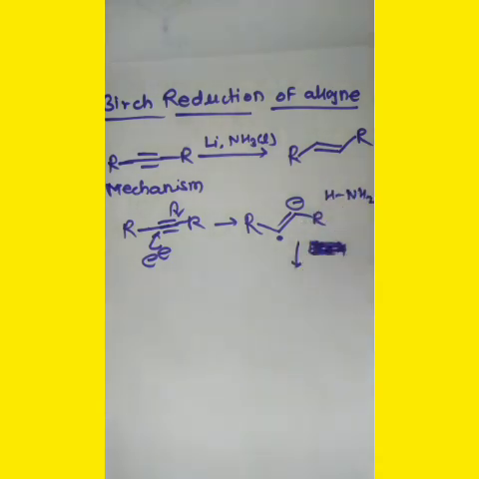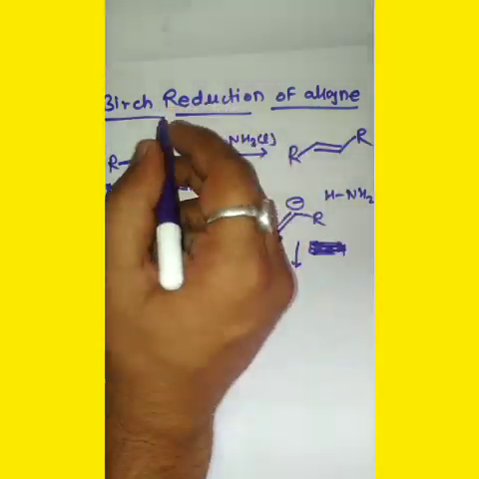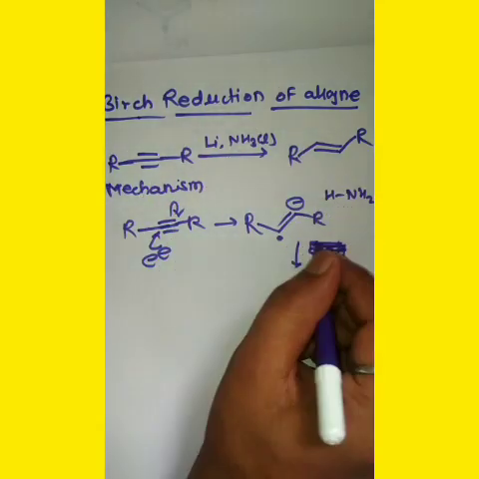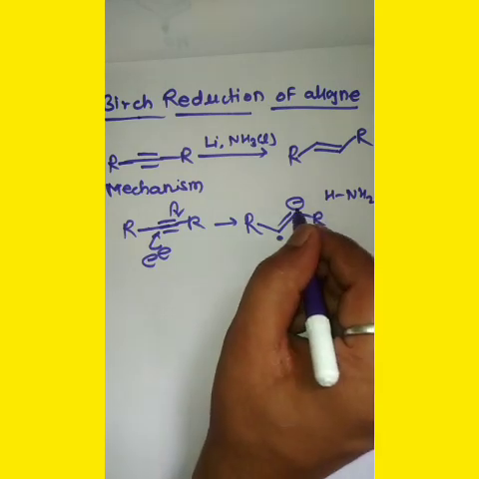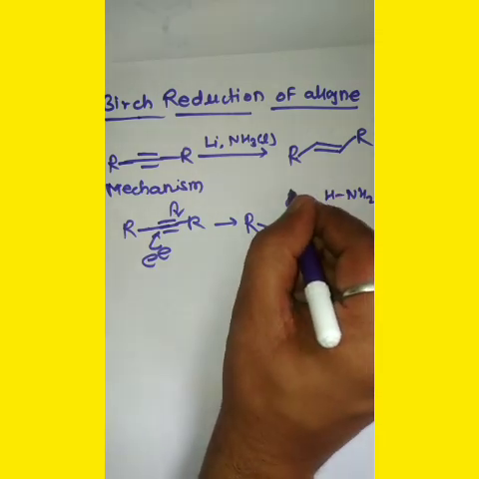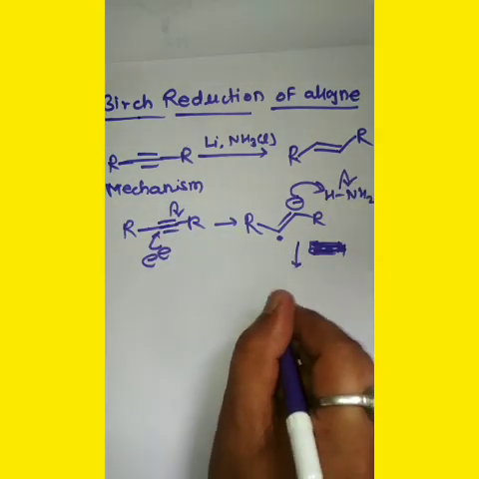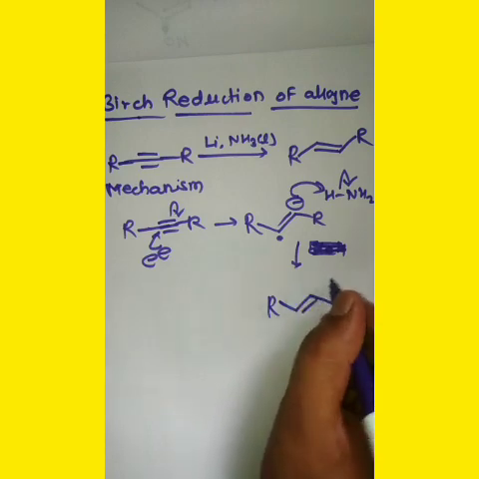Here in the Birch reduction of alkynes, there is no need of alcohol as a solvent, because the radical anion is basic enough to abstract the proton from ammonia. So we write here like this.